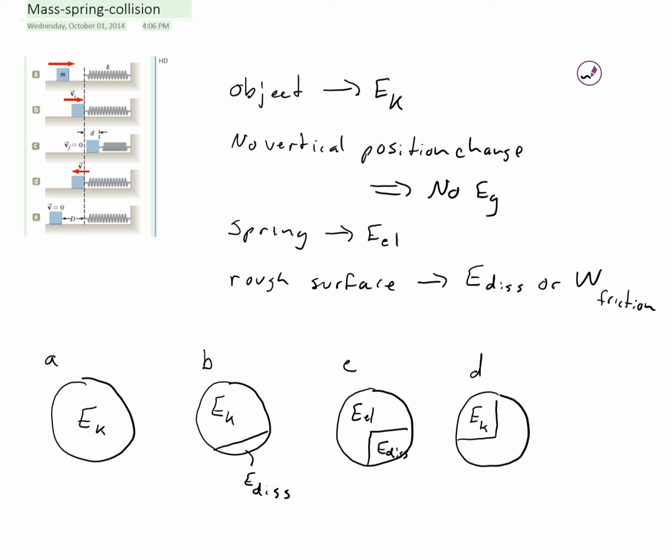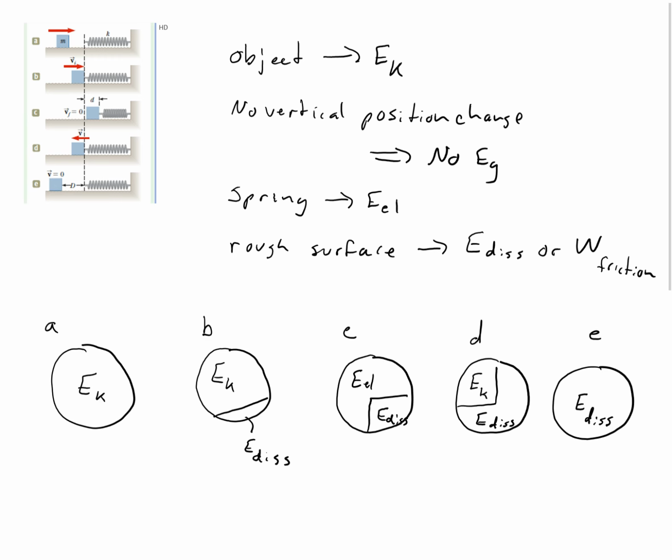But we've moved some more across the surface, so more dissipated. And then now E, we're told that the object is stopped and it's moved to distance D. If it's stopped, it doesn't have any kinetic, the spring's not compressed, so all the energy must be stored as dissipated. That takes care of our diagram series.